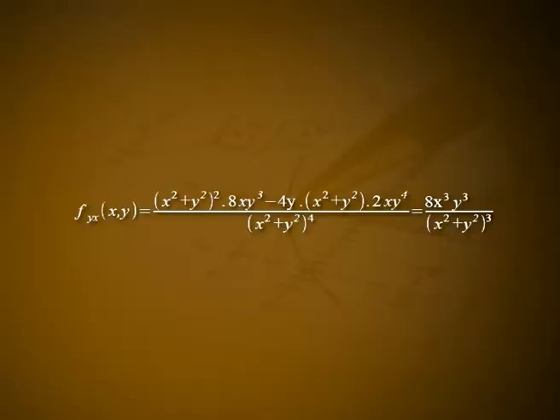For (x,y) not equal to (0,0), we have fyx at (x,y) is equal to [(x² + y²)² · 8xy³ − 4y(x² + y²) · 2xy⁴] divided by (x² + y²)⁴, which is equal to 8x³y³ divided by (x² + y²)³.